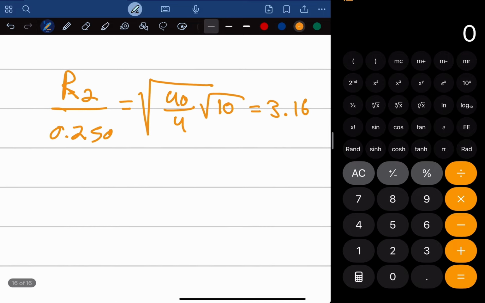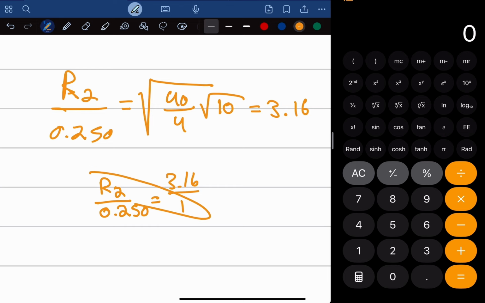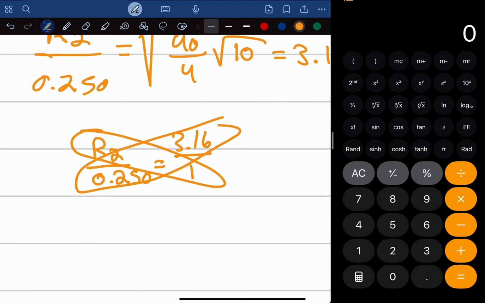So, when we have this and this, we can now cross multiply. R2 over 0.250 equals 3.16 over 1. 3.16 times 0.250 is around, I believe, 0.79.